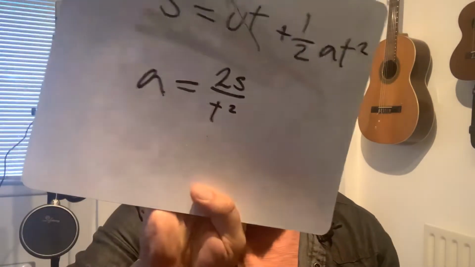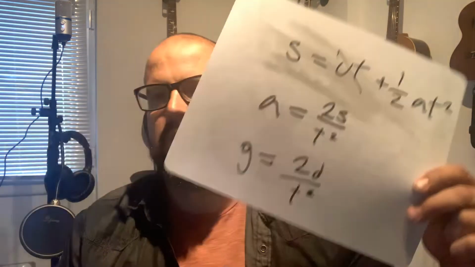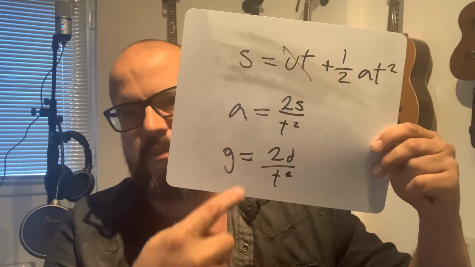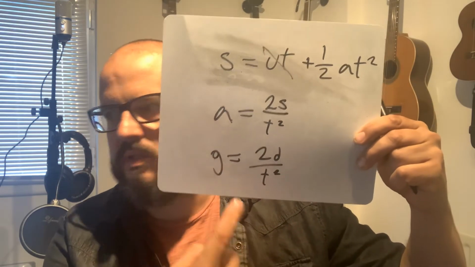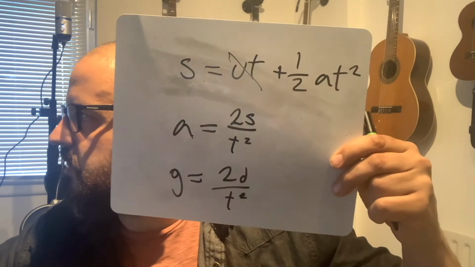We're going to end up with rearranging this, our G value, or our A value if you're using the Suvat notation, being equal to 2 lots of S over T squared. That's the rearrangement of that one. Now to put that in the context of this question, S is actually called D here, isn't it? And A we're calling G, so it's the same thing, just with different letters. So that's what we should be using, and that will get you 1 mark for this question.